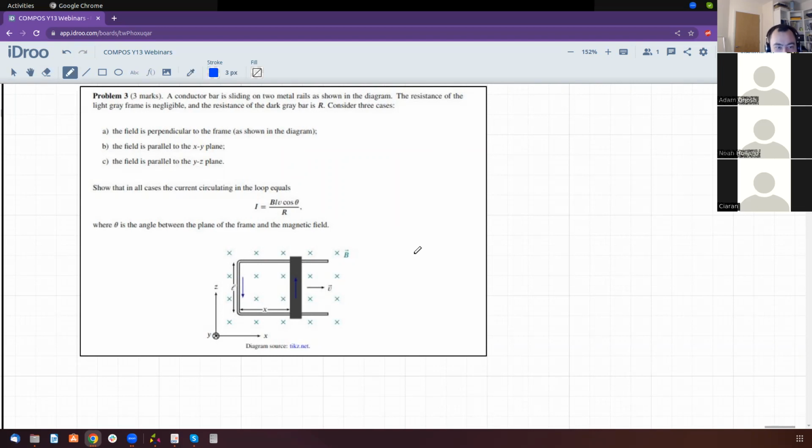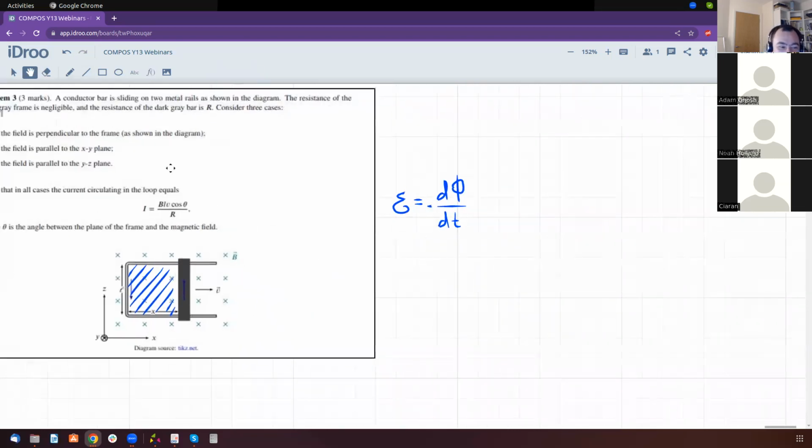Well, the easiest way to do this is just say, look, we have the flux. We know the EMF induced is the change of flux divided by change of time. There's a minus here, but once again, what is positive in this case? It's not really a thing. So the minus doesn't mean anything here.